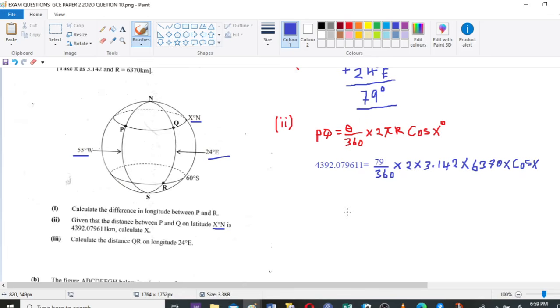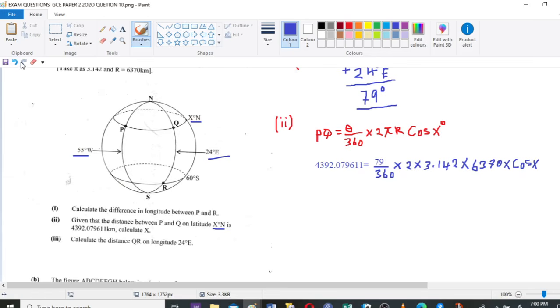Now just calculating what we have there. So dividing 79 by 360, then multiplying by 2, multiplied by 3.142, then multiplying by 6370, as your distance in kilometers.